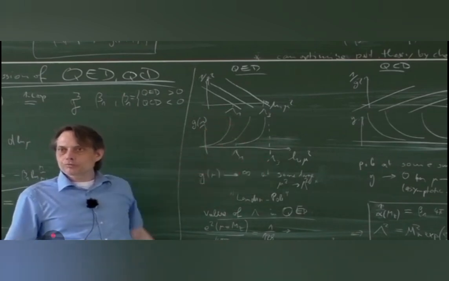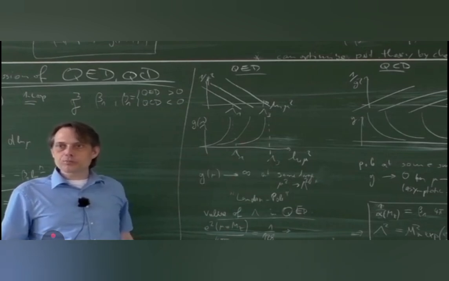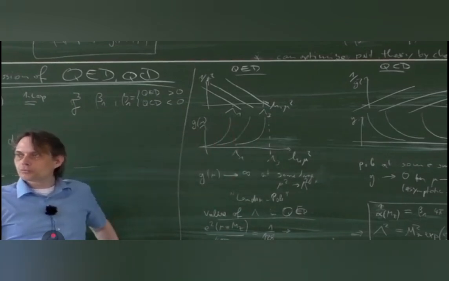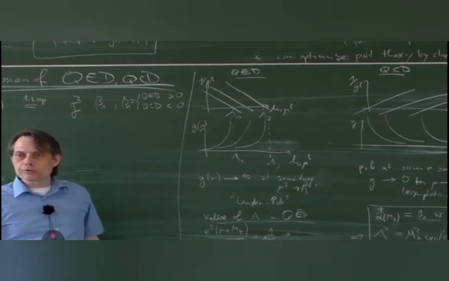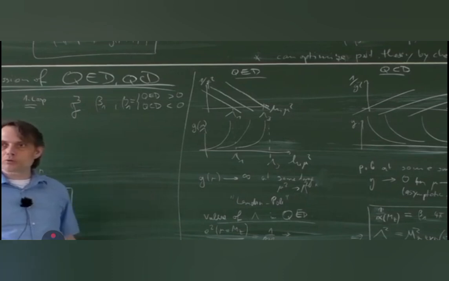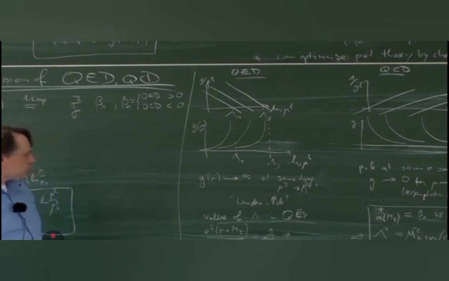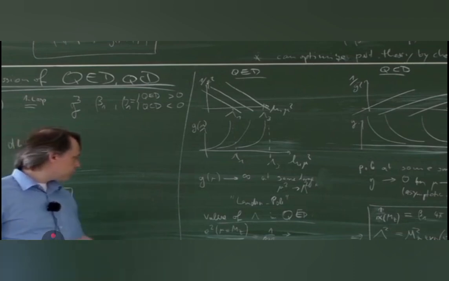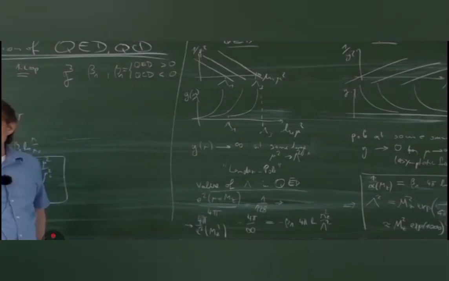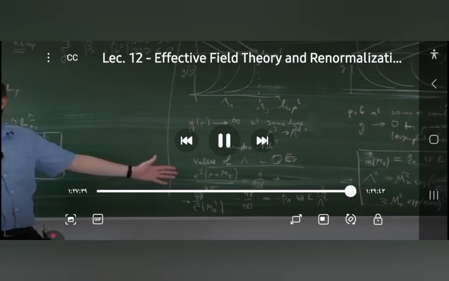For sure, perturbation theory cannot be applied in the region where the coupling is close to the pole, for obvious reasons. There the higher orders are too important, I mean they are more important than the lower orders. And that is one answer to the discussion of Landau, namely that we actually do not know at all whether such a Landau pole exists. And in order to answer such a question, we would need to do non-perturbative approaches.